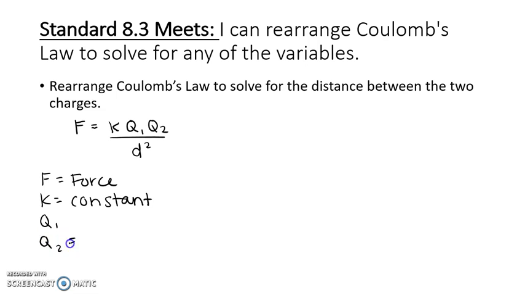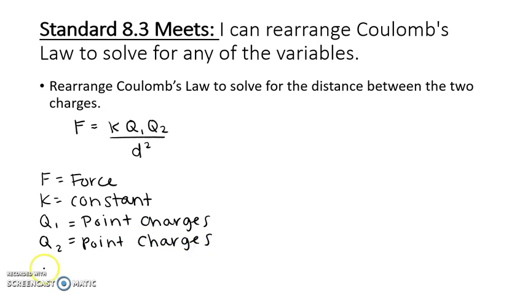Q1 and Q2 are point charges. And last but not least, D is going to be the distance between our point charges. So if we're going to solve in this situation for the distance, that means we're solving for D here.